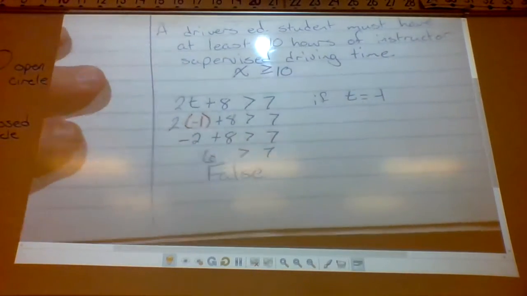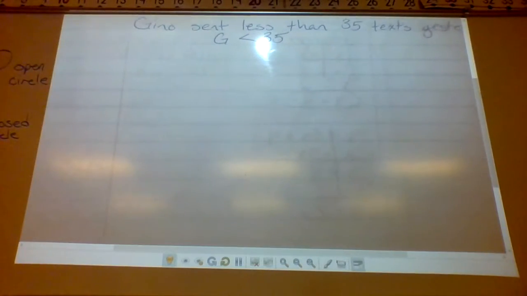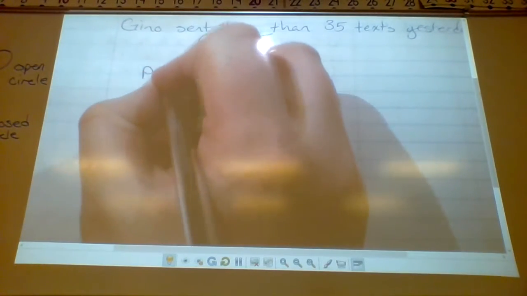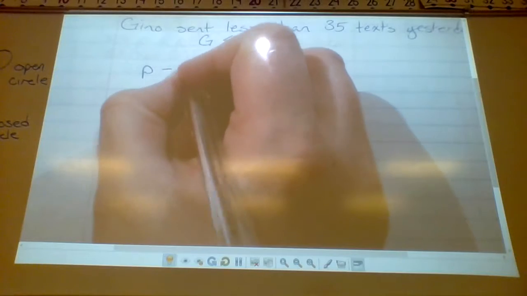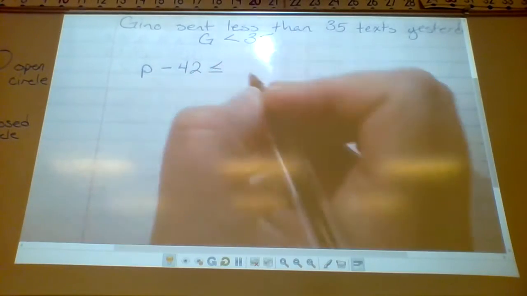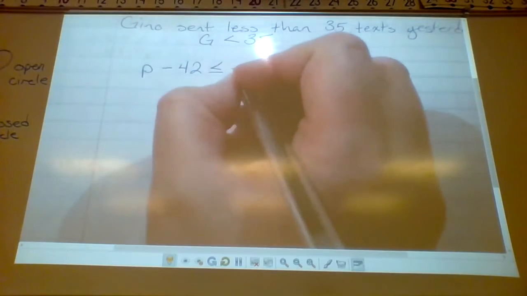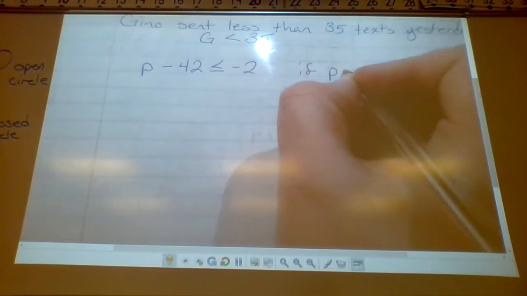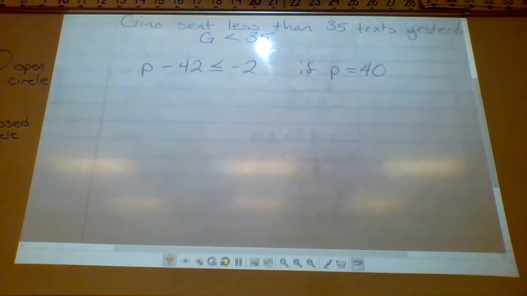Now let's go to our student page. Okay, let's try. What are you going to do to solve this? We replace the P with what? 40.